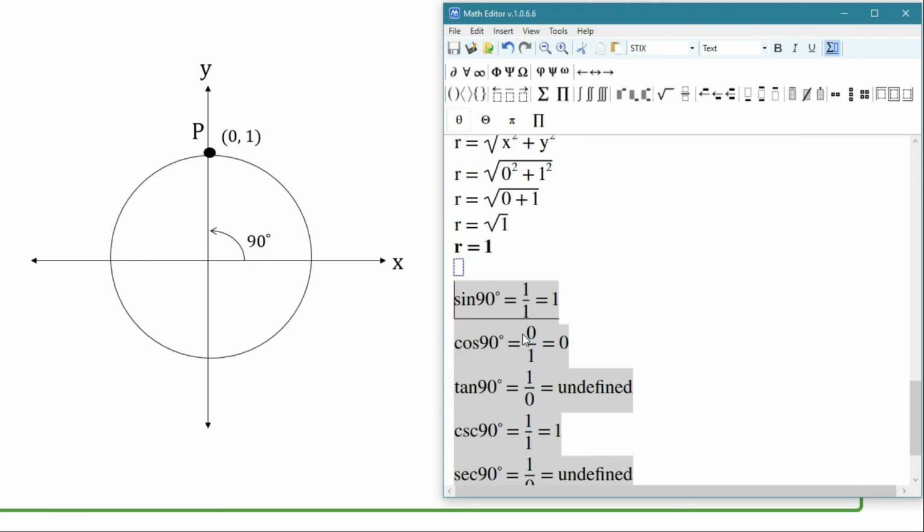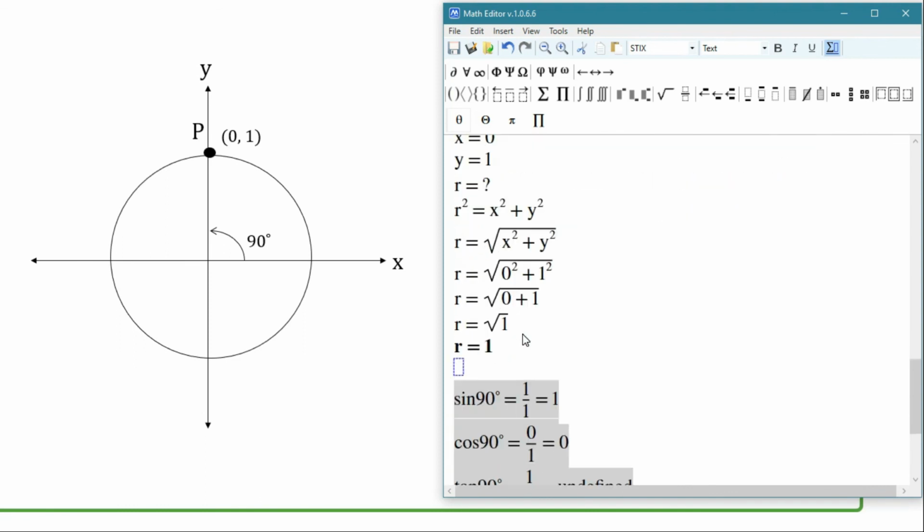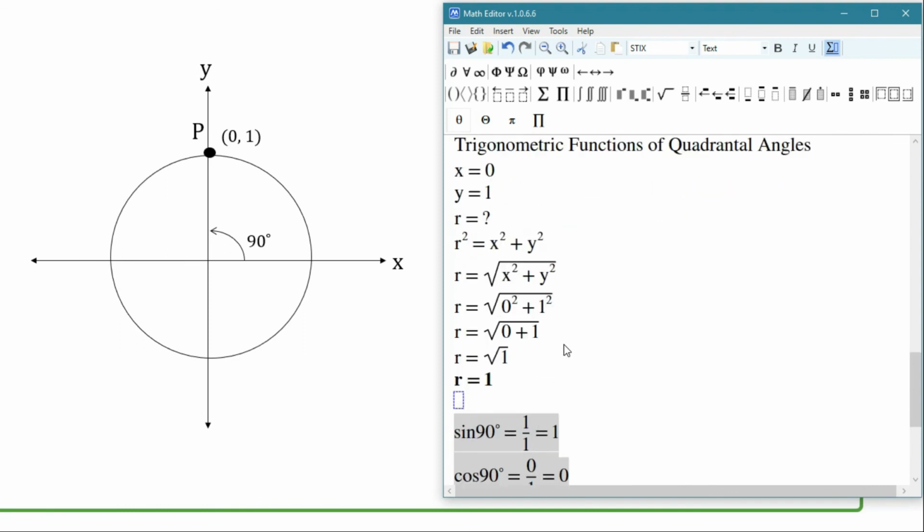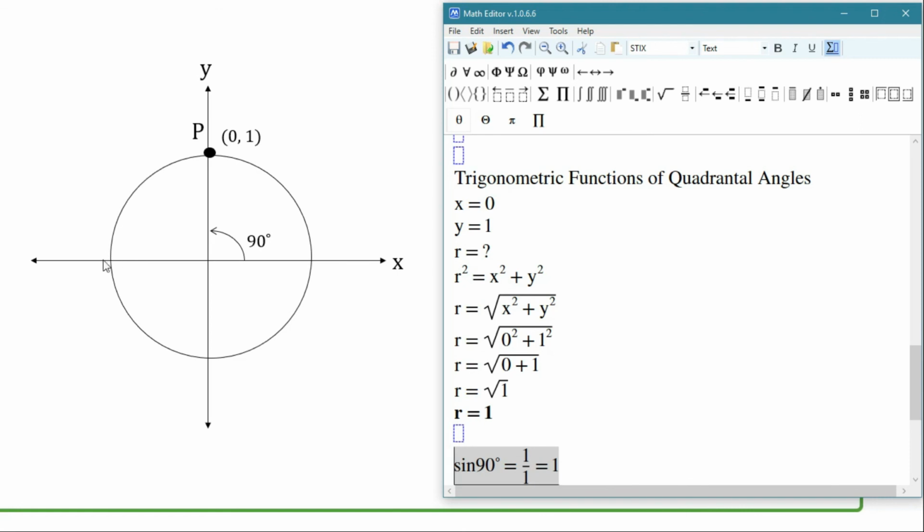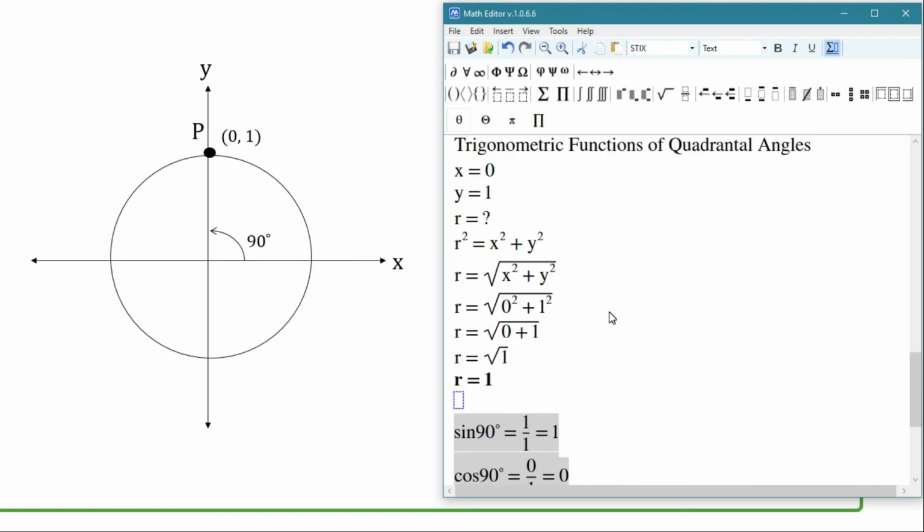Same thing goes with other quadrantal angles, same thing goes with 180 degrees and 270 degrees, and so with 360 degrees. Any angle coterminal with those angles will have the same trigonometric functions.